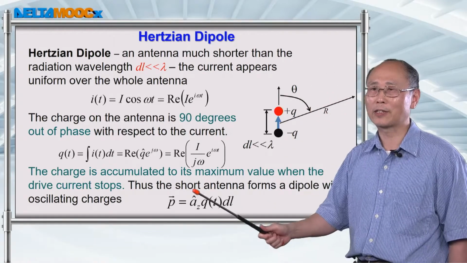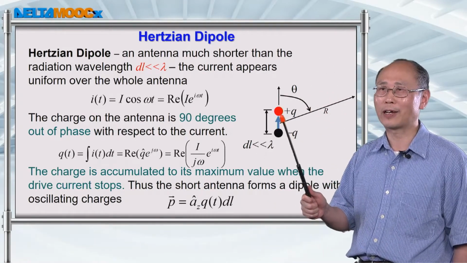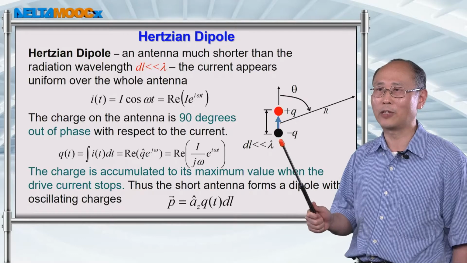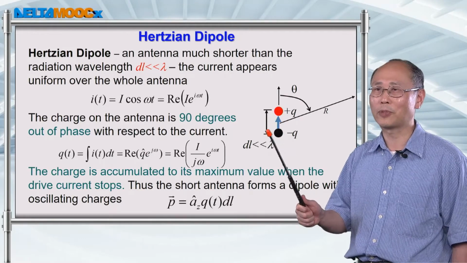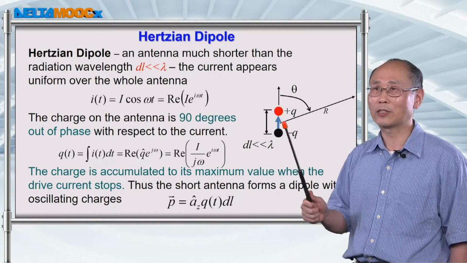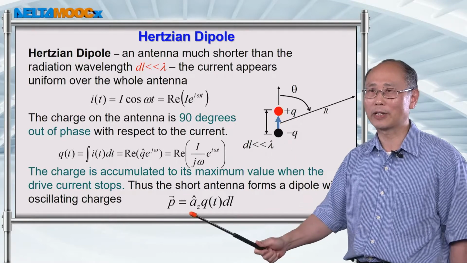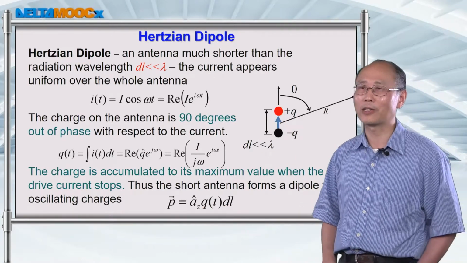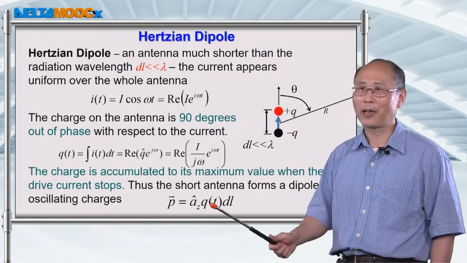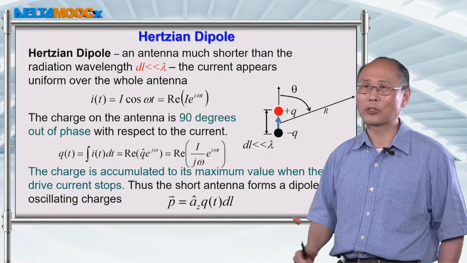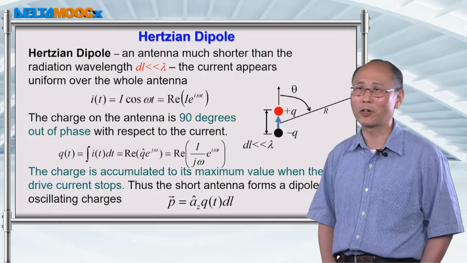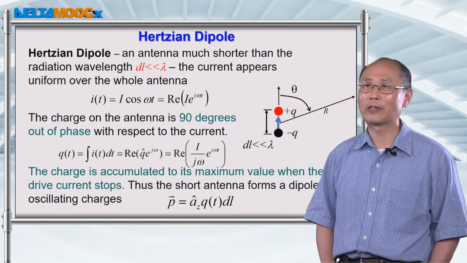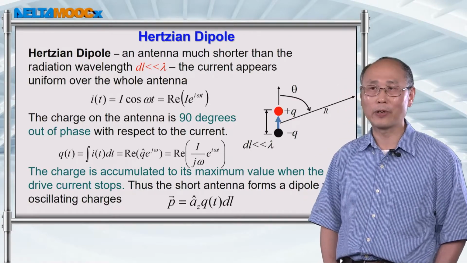And don't forget that if you have a charge plus Q and minus Q separated by some distance, then you can describe this arrangement as an electric dipole, which is the charge multiplying the separation of the charge. And this dipole expression is going to be important when we talk about the field radiated from such a dipole antenna.